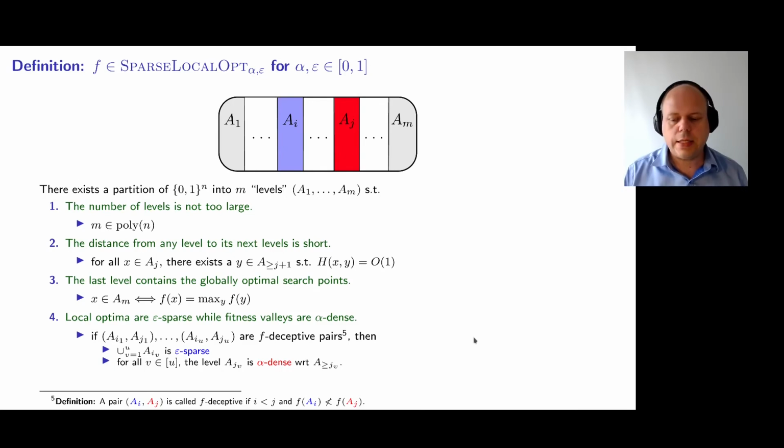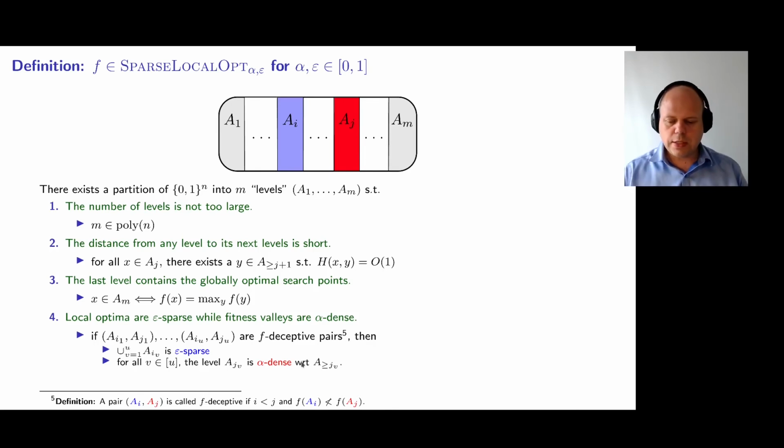Let's now define the problem class. We say that a pseudo-Boolean problem belongs to sparse local opt alpha epsilon if we can construct a partition of the search space into a polynomial number of levels satisfying these 4 conditions. For the full details I recommend reading the paper, but I will focus on the most important condition.